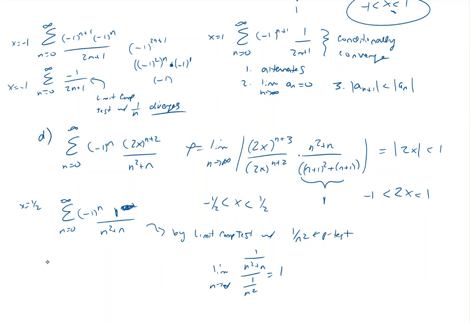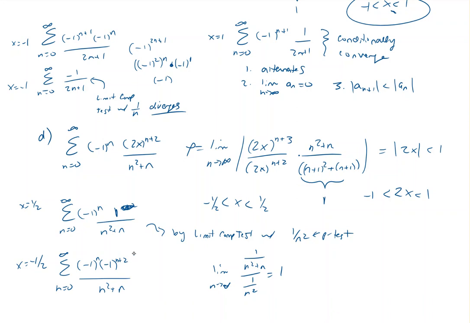So this converges absolutely. Which means when you come over here and you plug in negative 1/2, you're going to say, well, that makes a huge difference, right? Well, yeah, now you have negative 1 to the n plus 2. It really doesn't make a difference because if this converged absolutely, this is going to converge too, regardless of whether this is positive or negative.